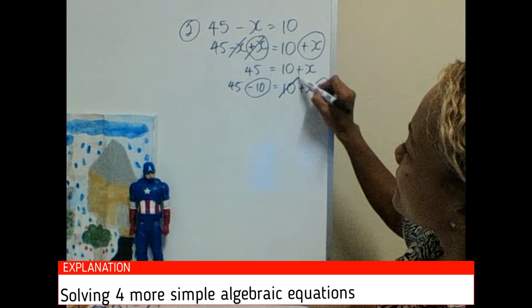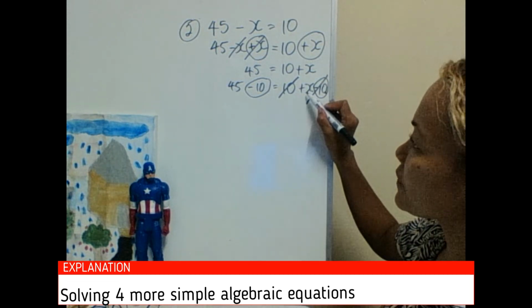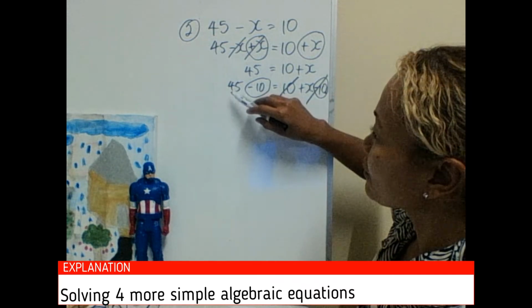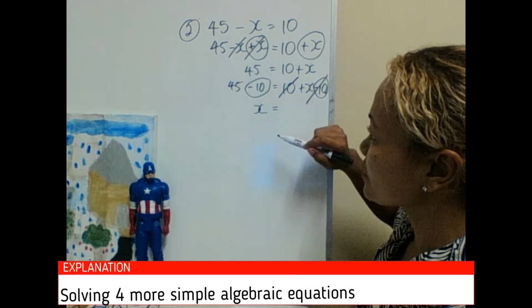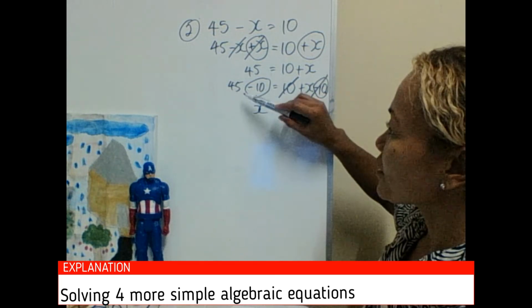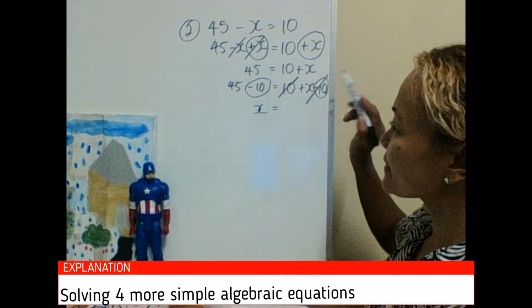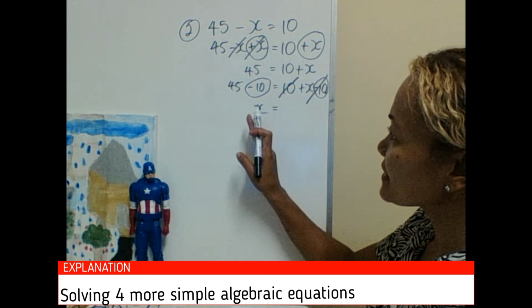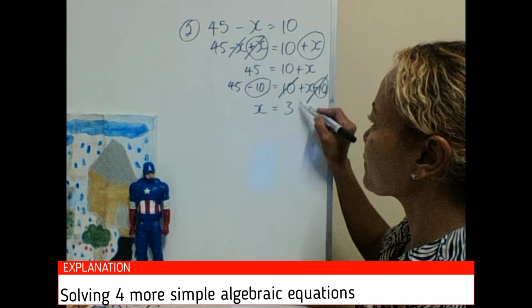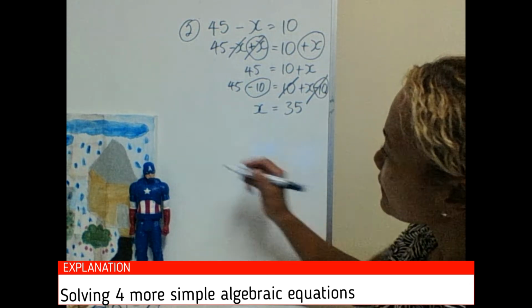This plus 10 cancels out this minus 10, and we're left just with x. 45 minus 10 is equal to 35. So what you've left on this side is 35, and here you've left x. Switch them around. So now the x is on this side, and now you'll put the 35 on this side. 35 being, of course, 45 minus 10.